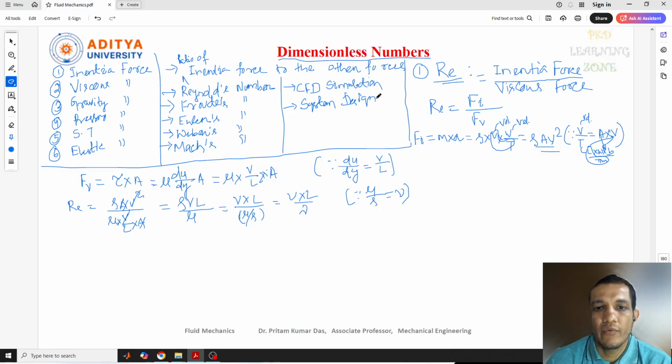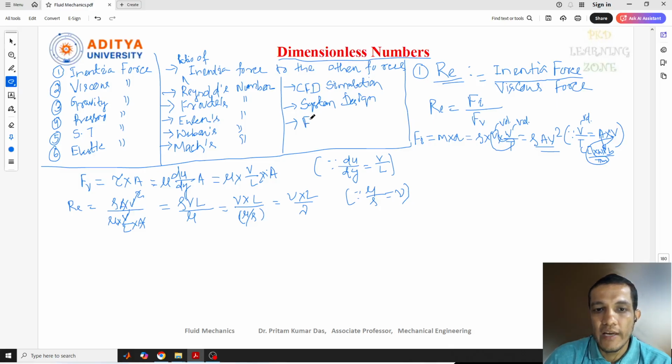Before designing the pipeline, we need to optimize a lot of things. Suppose we design any kind of heat exchanger, or suppose in aerodynamics conditions. So there are many applications of these dimensionless numbers, and in that case we need to consider all of them, which will help us.